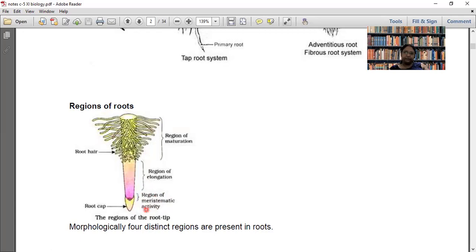Yes or no? Yes, ma'am. हमें तो protect करना पड़ेगा ना. So for that purpose, root cap is there. Root cap not only gives it a protection, apart from that, many root caps secrete a fluid for lubrication which helps in the easy penetration of root into the soil.